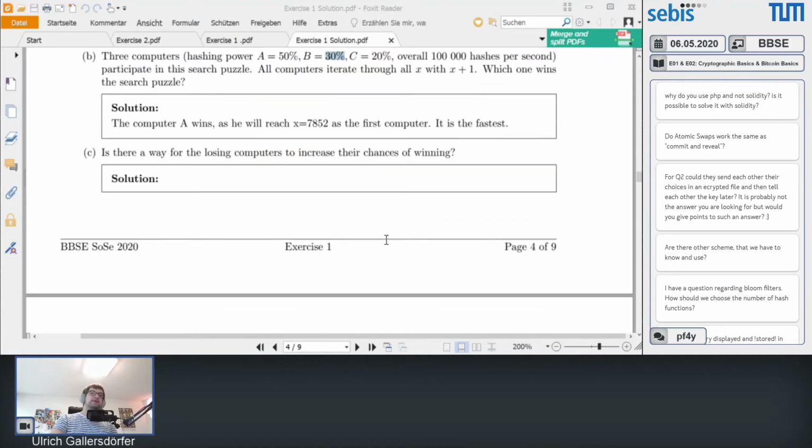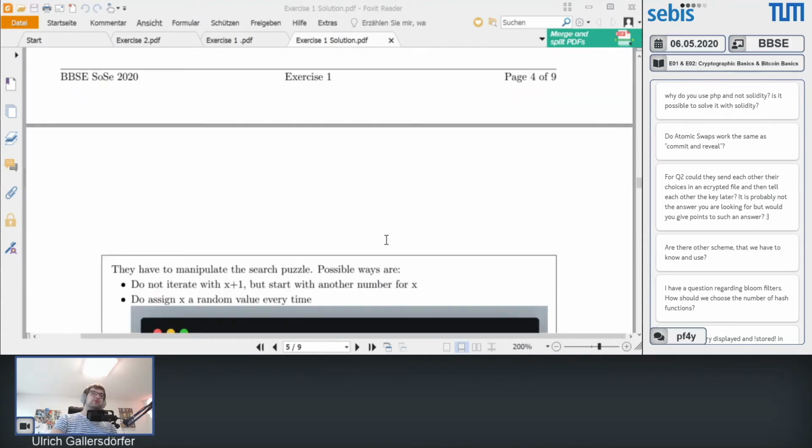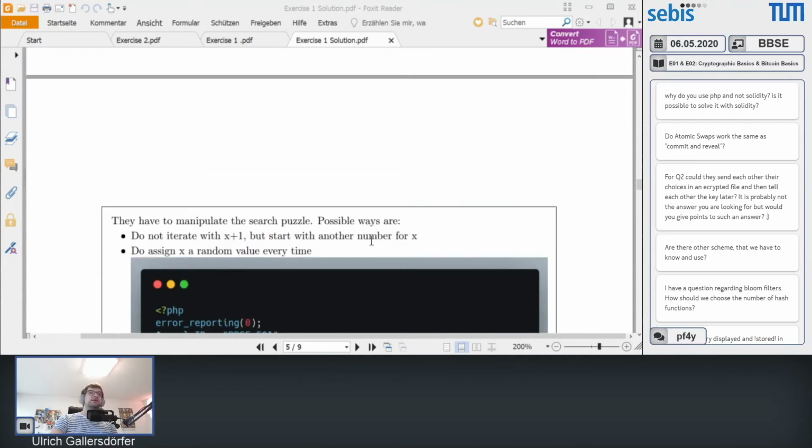And this is for the reason of the cryptographic hash function, because the resulting hash is randomly distributed all over the output space. So we do not know the outcoming hash before we actually calculated it.